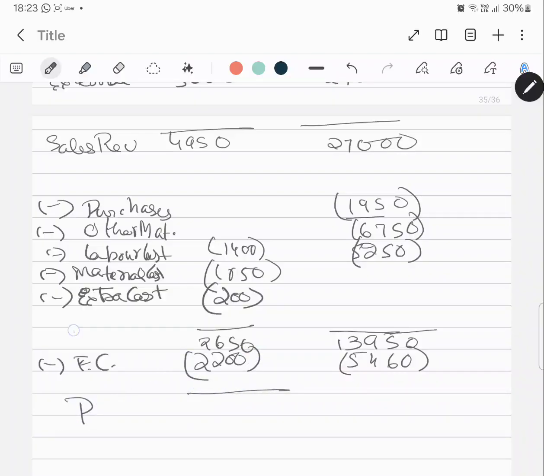I will get the contribution, sales minus the variable cost, we get contribution. We will subtract fixed cost, and now we will get profit. So profit is 2,650 minus 2,200, that is 450, and 3,950 minus 5,460, that is 8,490. So this is my profit. No, done something wrong.